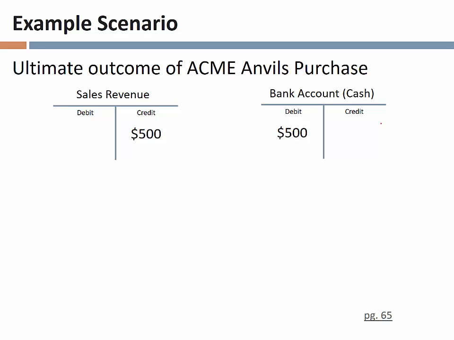Notice what happened here is I sold this for $500. So my sales revenue is reflective of the amount of money that I collected from the customer. What I'm not seeing at all here is that what I sold that customer had value, which hopefully you know is reflected in cost of goods sold.